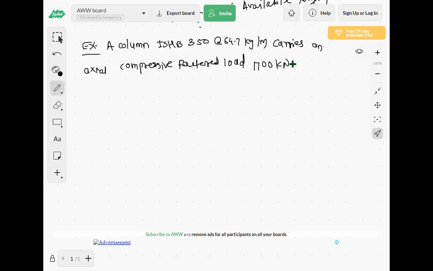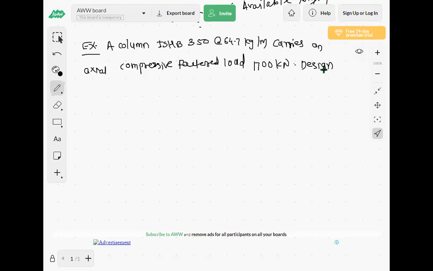The column ISHB 350 at 64.7 kg per meter weight carries an axial compressive factored load of 1700 kilonewton.